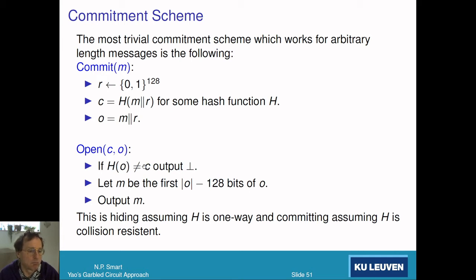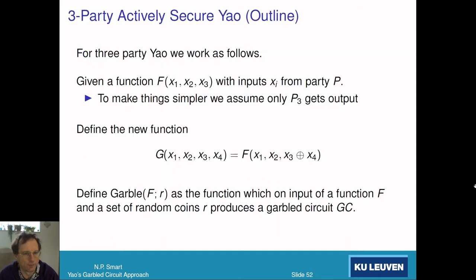And if it is, then we're fine, and what we can do is just get rid of the last 128 bits, the first length of O minus 128. So we take the first chunk of the opening data, and that gives us our message. This commitment scheme is very trivial. It's hiding, assuming H is a one-way hash function, and it's binding, assuming H is collision resistant.